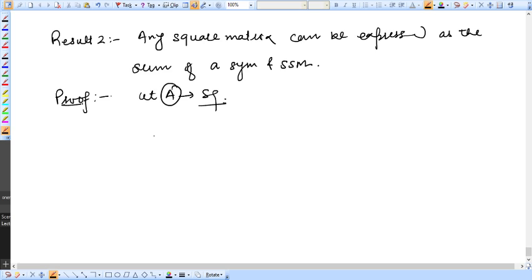So from this matrix I'm going to make two matrices P and Q. P is equal to half of (A plus A transpose), and Q is equal to half of (A minus A transpose).